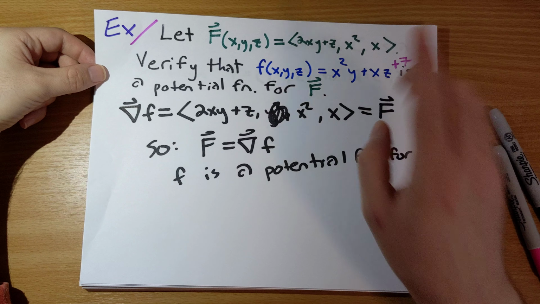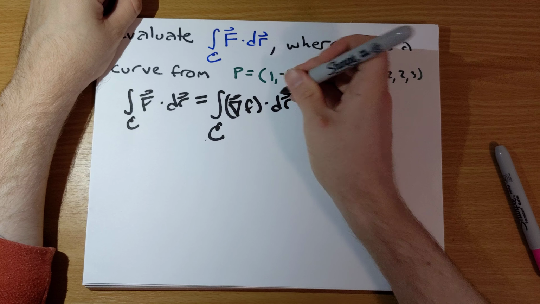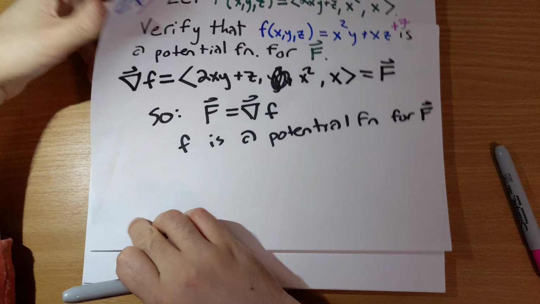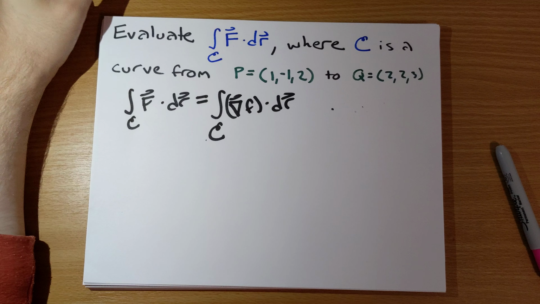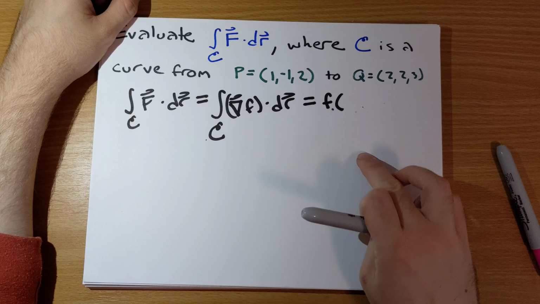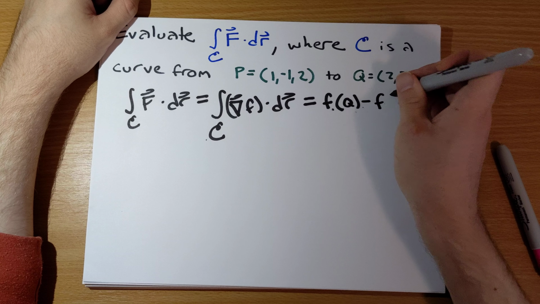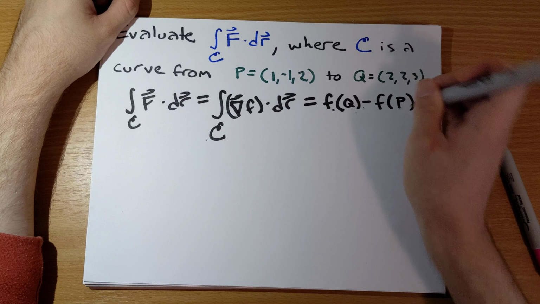The integral over C of F dot dr is the integral over C of the gradient of little f dot dr, because big F is the gradient of little f here. And this is equal to little f evaluated at Q minus little f evaluated at P.